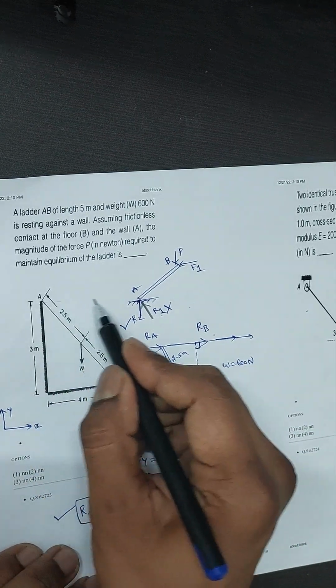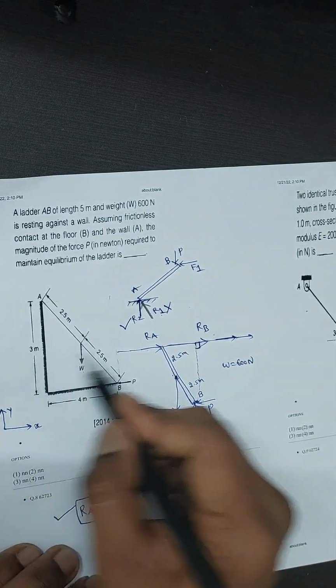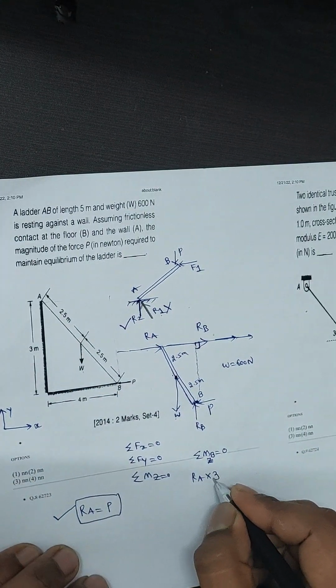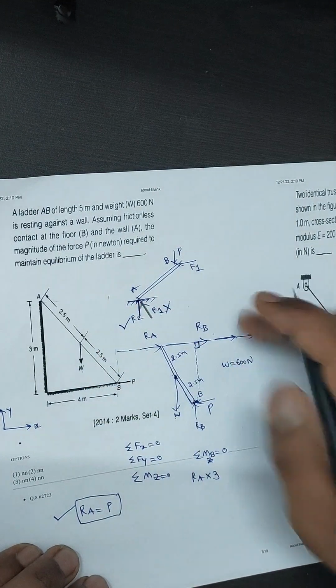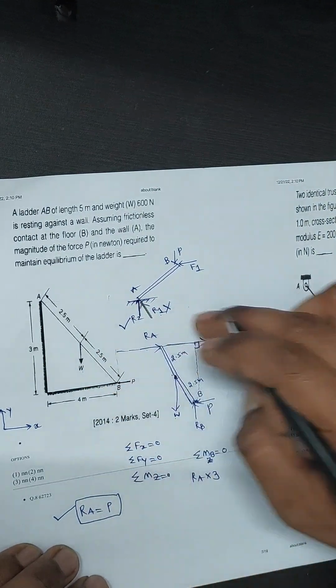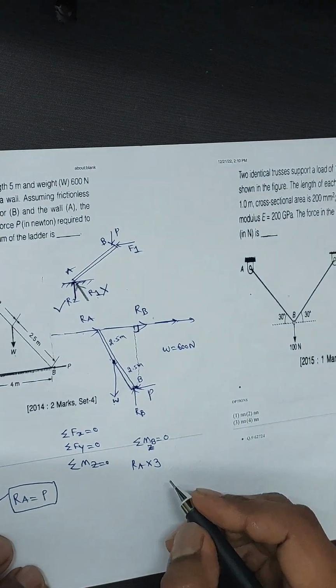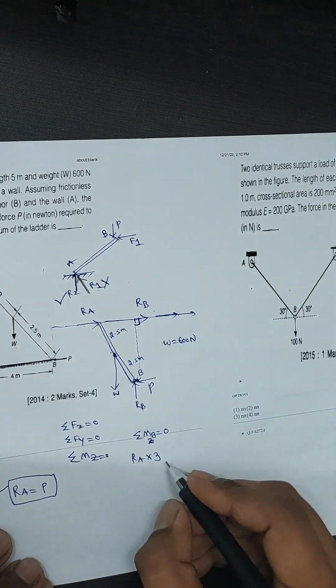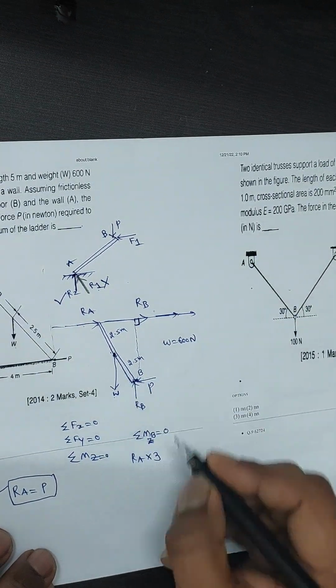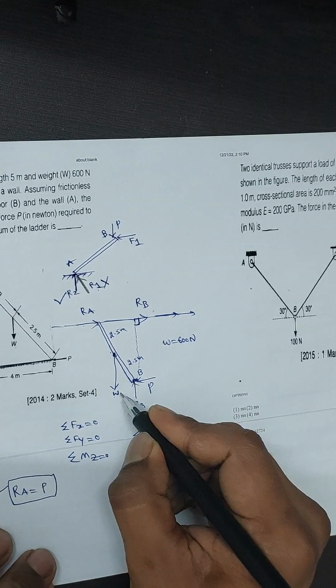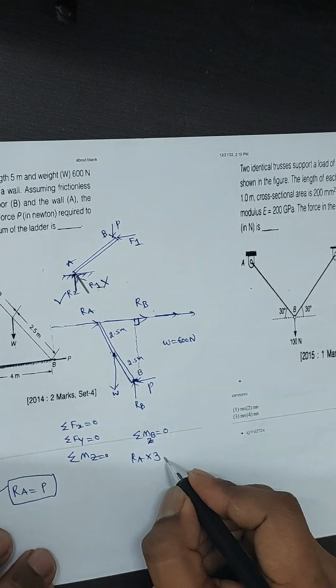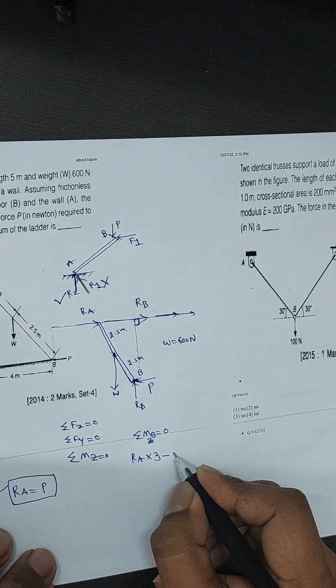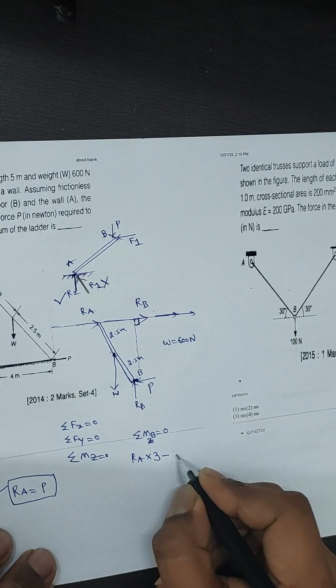We already know this perpendicular distance is 3. RA into 3, which is clockwise about this point, so I consider it a positive moment. W is creating an anticlockwise moment, so that moment will be negative.